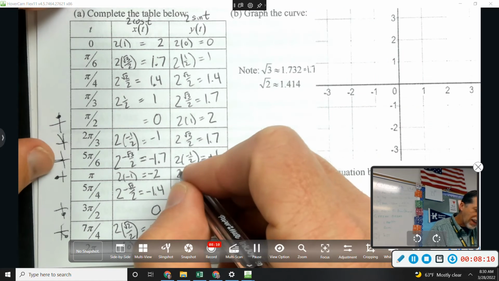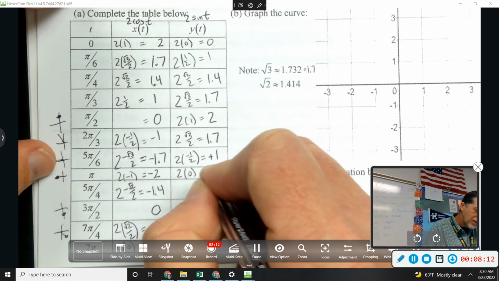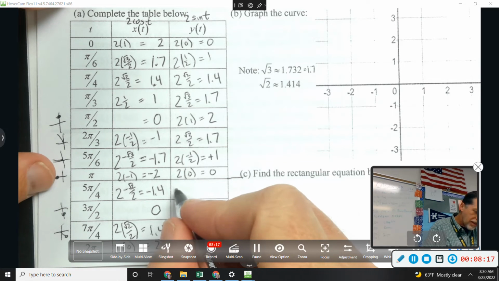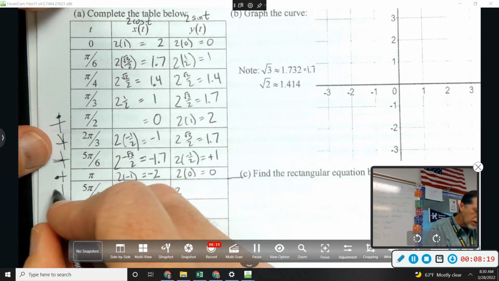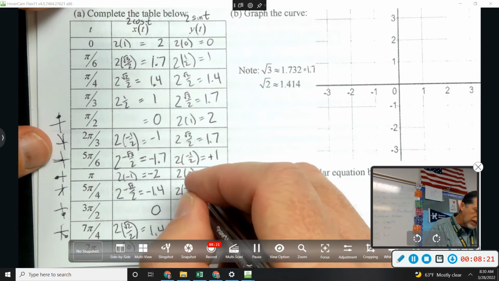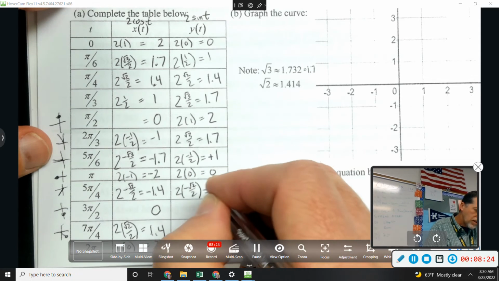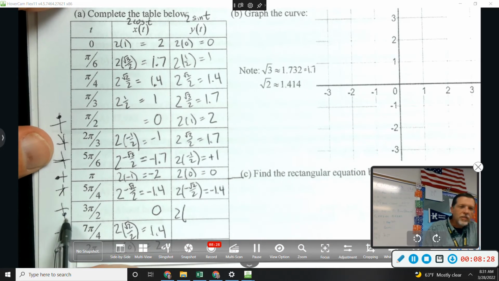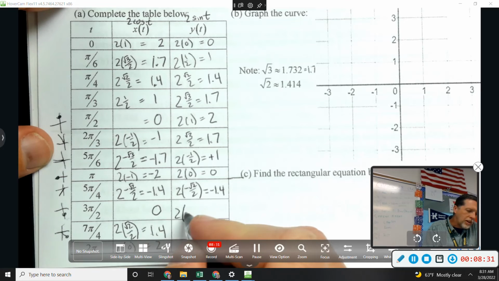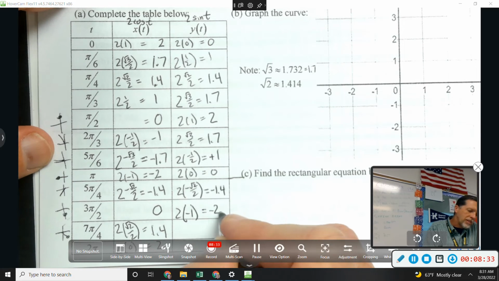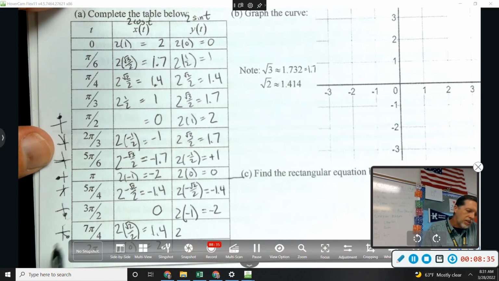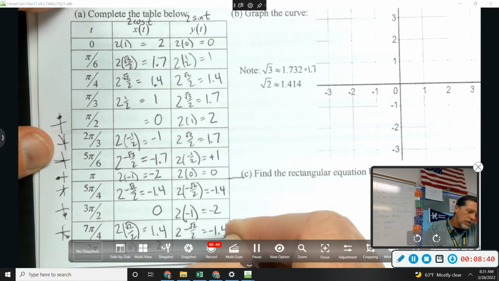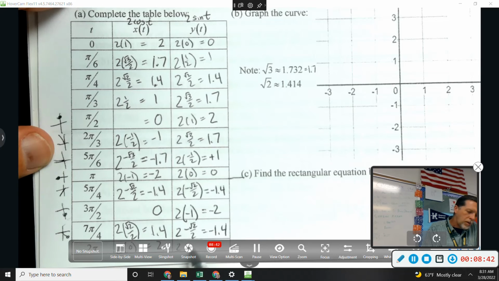Sine of pi is 0. Sine of 5 pi over 4, negative root 2 over 2. Sine of 3 pi over 2 is negative 1. I think the pictures help me go faster. Sine of 7 pi over 4 is negative root 2 over 2. And sine of 2 pi is 0.